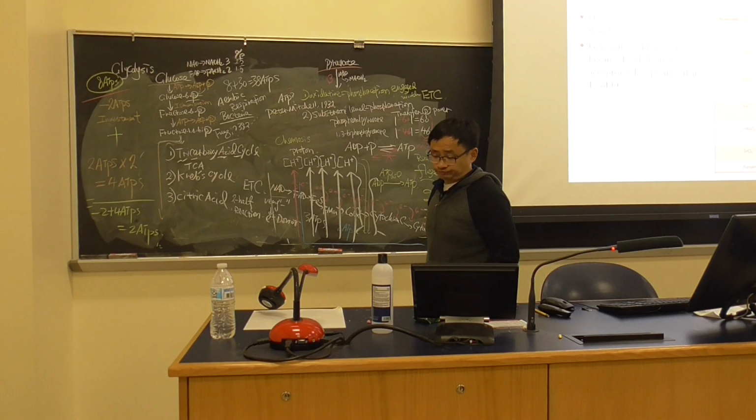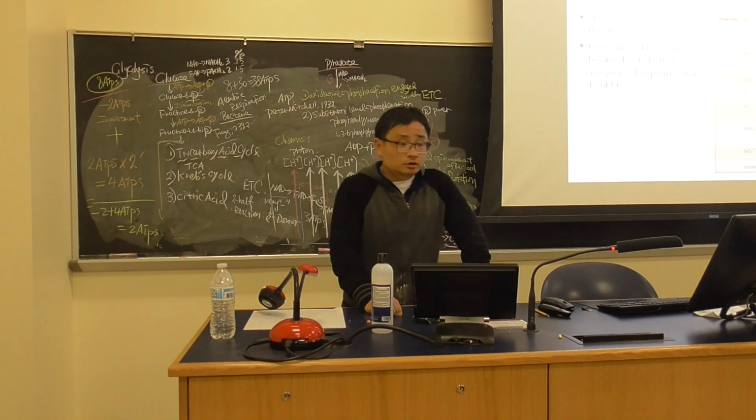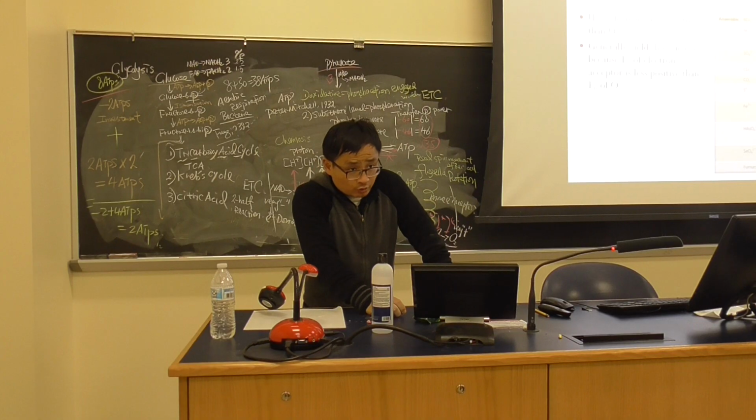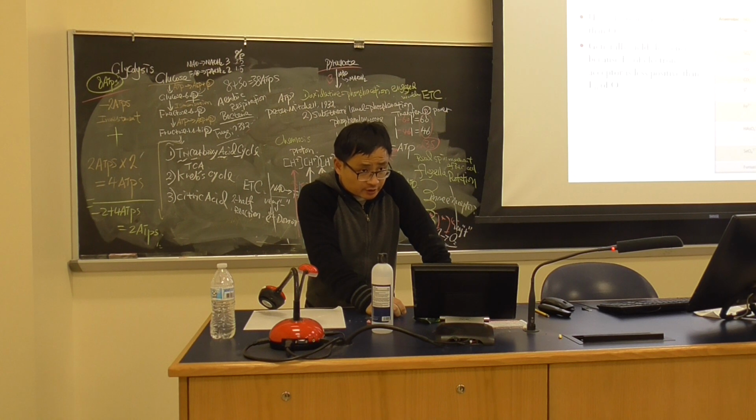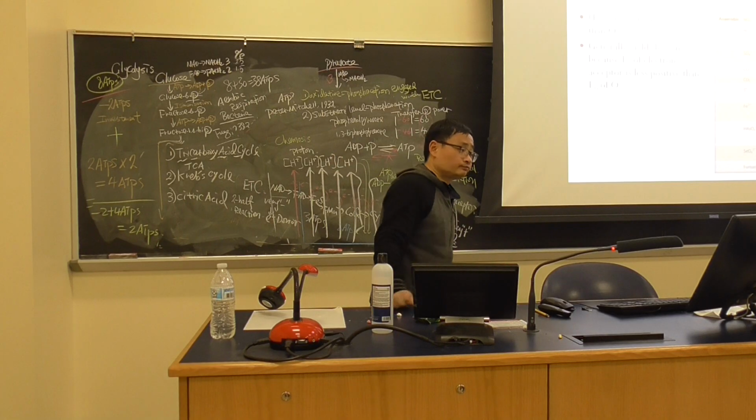Okay, anaerobic respiration. So we go back to review. What is anaerobic respiration? An electron donor is an organic chemical. And the electron acceptor is an inorganic chemical. But the inorganic chemical is not oxygen, it's others.